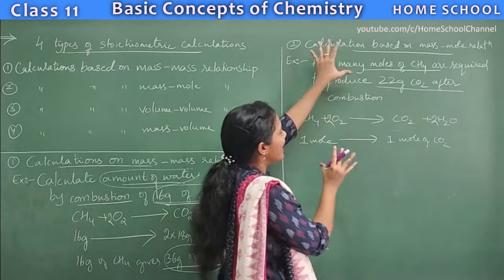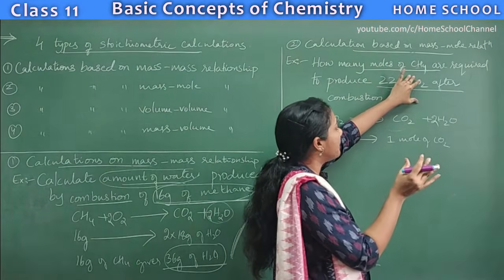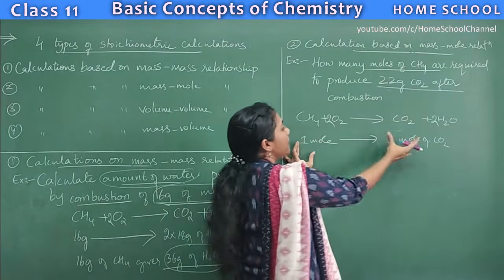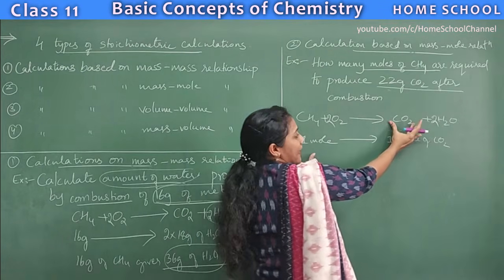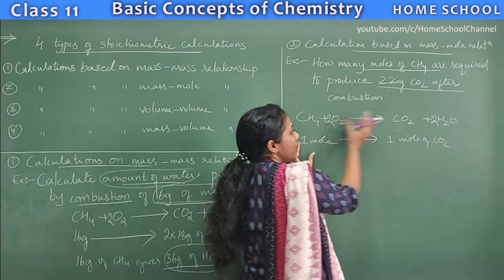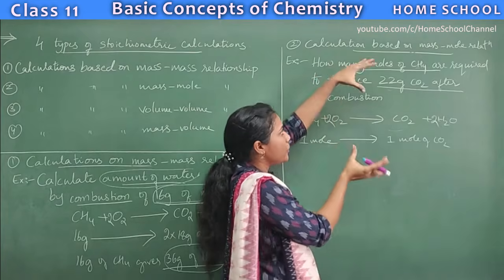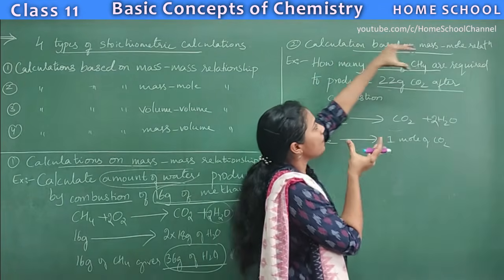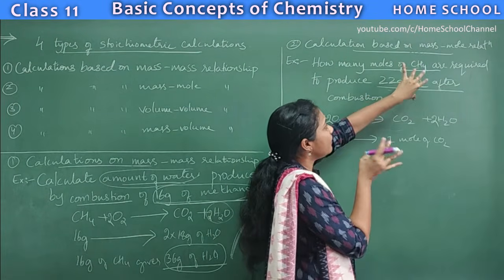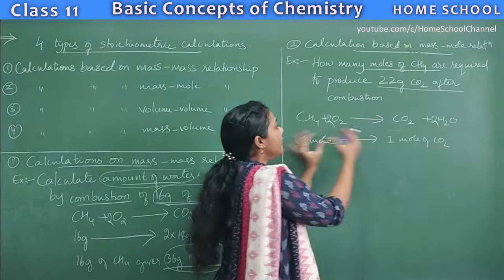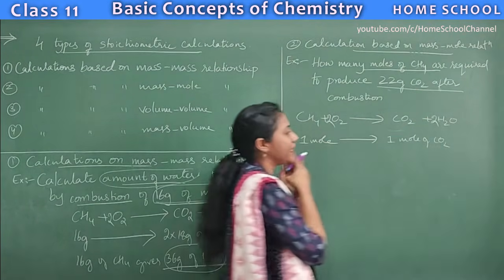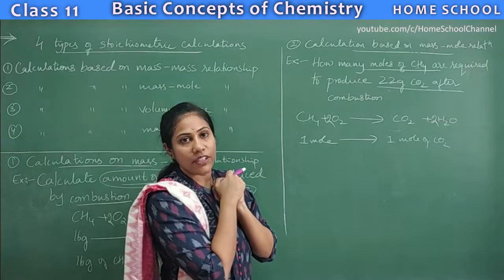Here they asked something between methane and carbon dioxide, so I took the information of methane and carbon dioxide only. I didn't consider oxygen and water, because the question asks about methane and gives something about carbon dioxide. So only about these I'm picking from the equation.